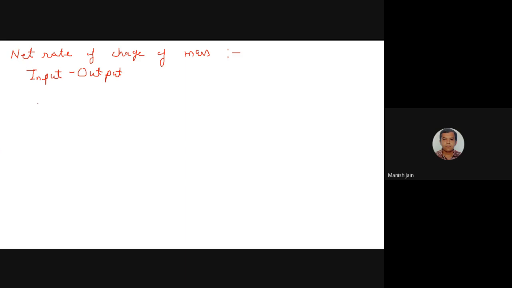So the net rate of flow of mass in the x direction is equal to density multiplied by velocity.